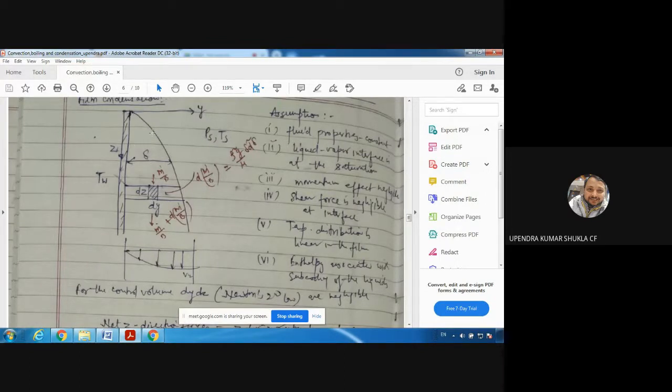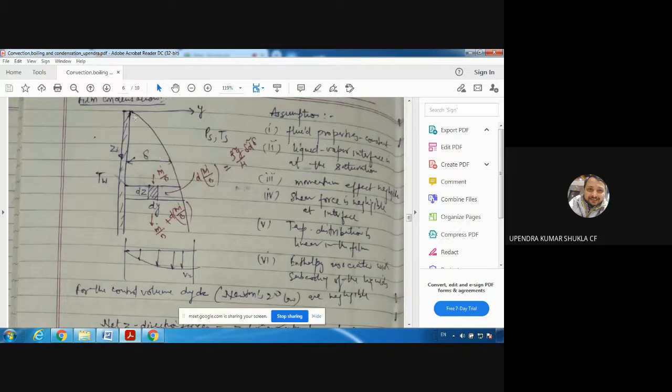Because in this boundary layer, the thickness is not very high, so you will find almost no much variation of temperature. Most of the properties depend on temperature, an intensive thermodynamic variable, so fluid properties will remain constant. This is a pretty good assumption.